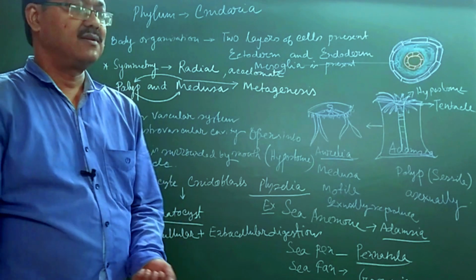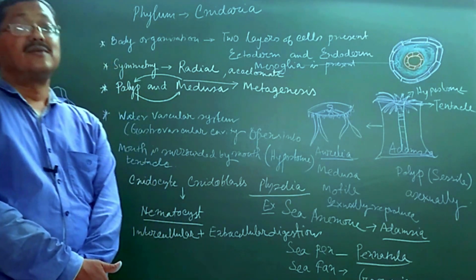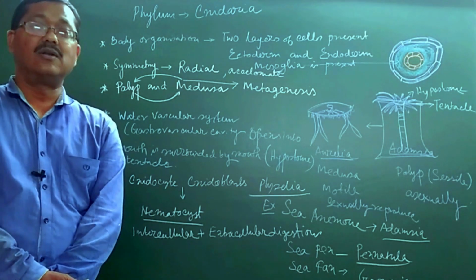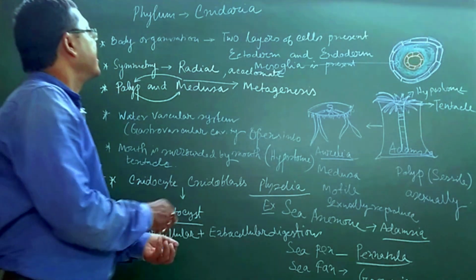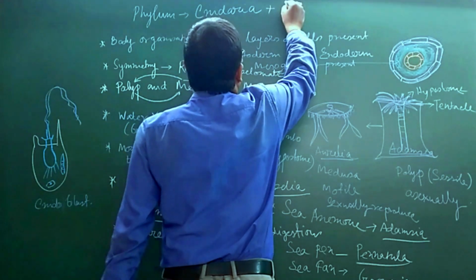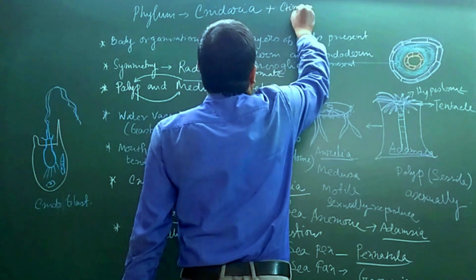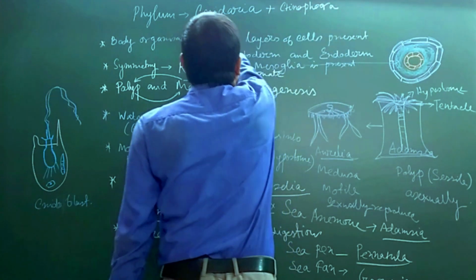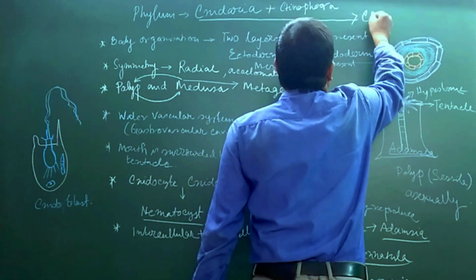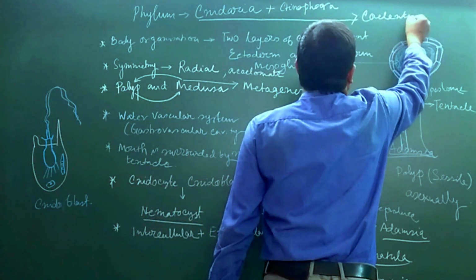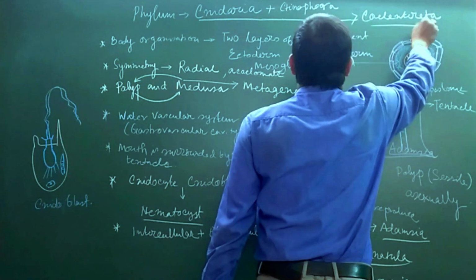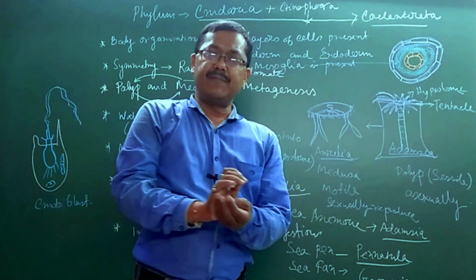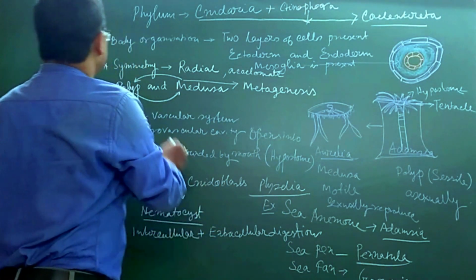Now, next, the phylum is Ctenophora. Ctenophora and Cnidaria together were previously called Coelenterata. Ctenophora is a primitive group.